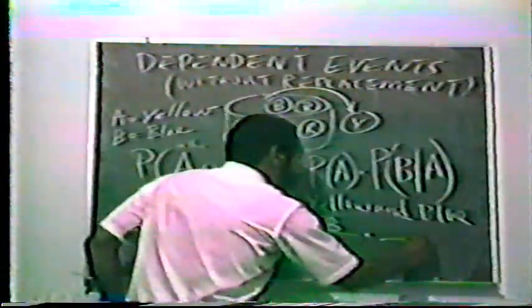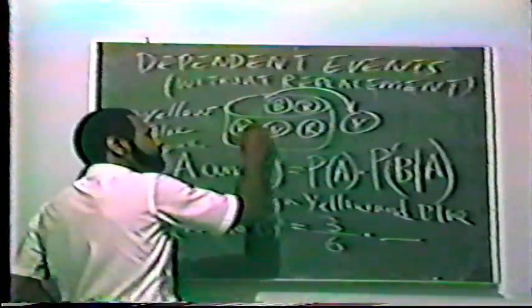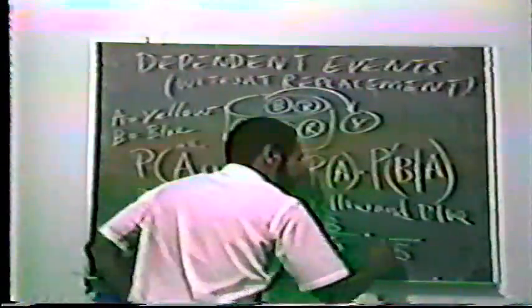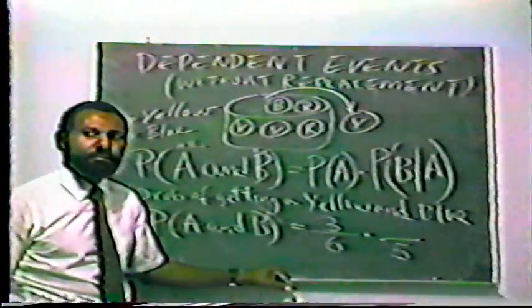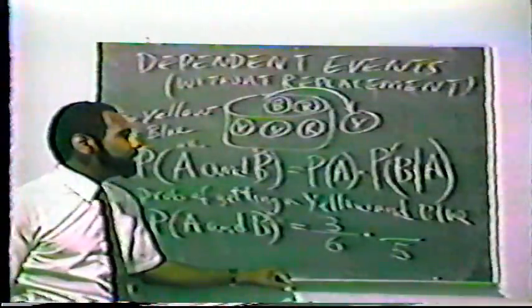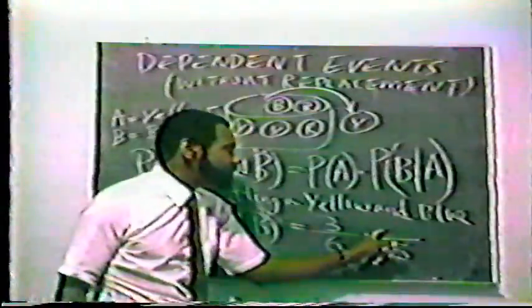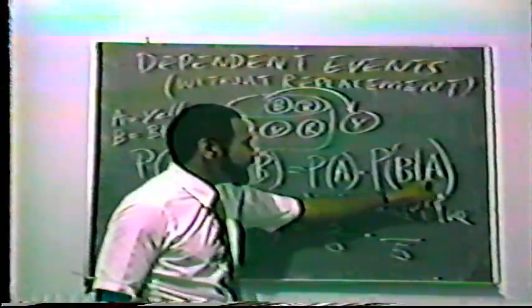So now we only have a total of 5 balls in the container, because we took one out, and that's the bottom of your fraction, the total. We only have 5 balls left in the container. Now, for the top of the fraction, we get the probability of B given that A has occurred.